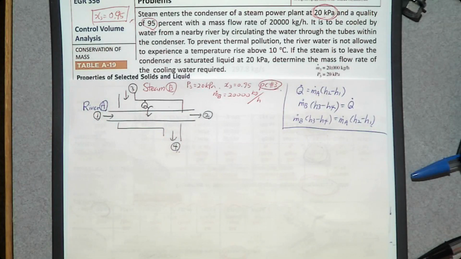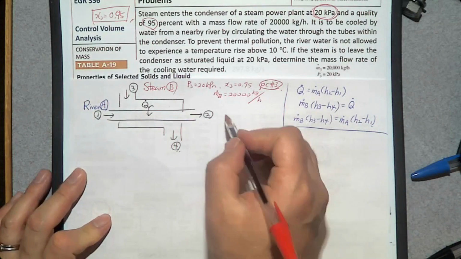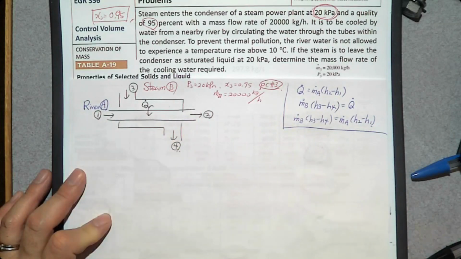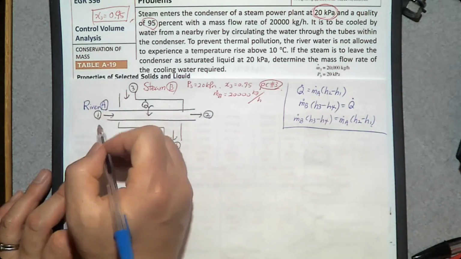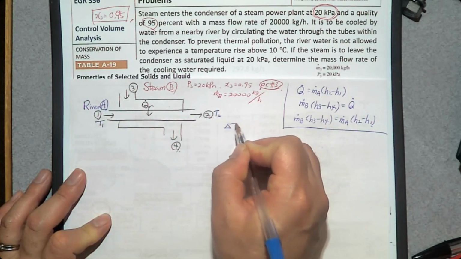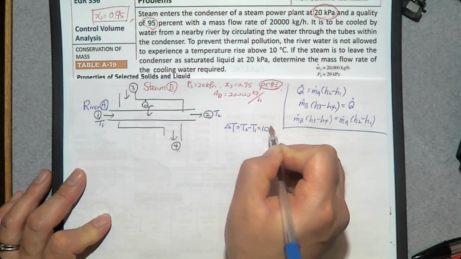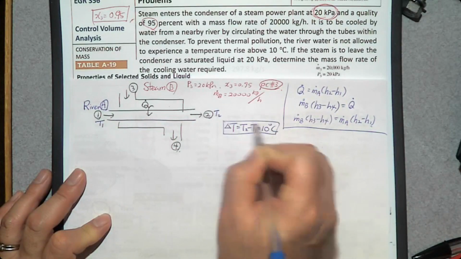What does it mean in mathematics? The temperature rise is 10 degrees Celsius. So what is the temperature rise? From T1 to T2. So the temperature rise, delta T, which is T2 minus T1, is 10 degrees Celsius. So this is our assumption.